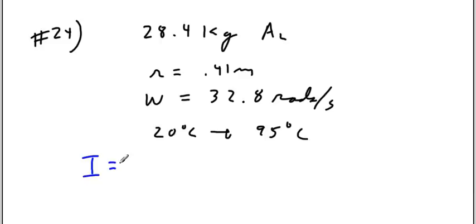It's probably in chapter 10. There we go. On page 260 in your book, you can see that for a cylinder, the moment of inertia is going to be 1/2 the mass times the radius squared. All right, so we're going to have to come up with that.